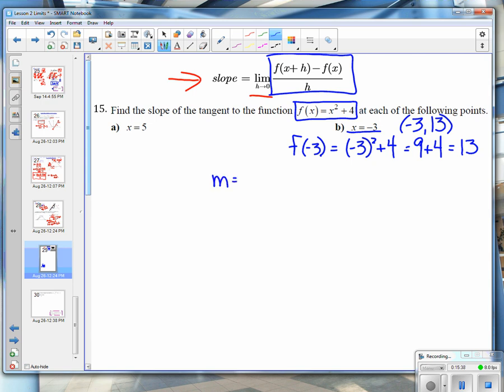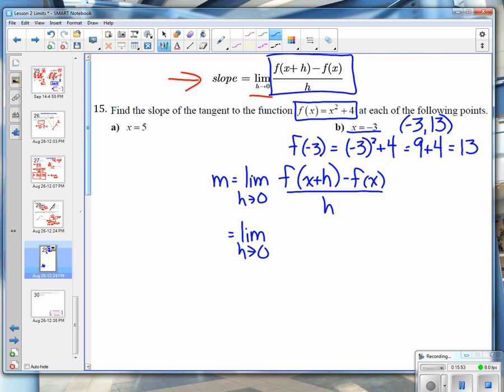So we've got our slope is equal to the limit as h approaches 0 of f of x plus h minus f of x, all divided by h. So let's fill in our formula nice and slow. f of x plus h, well obviously we know that x is equal to -3. We don't know what h is. Minus f of x, which we've just found to be 13, all divided by h.